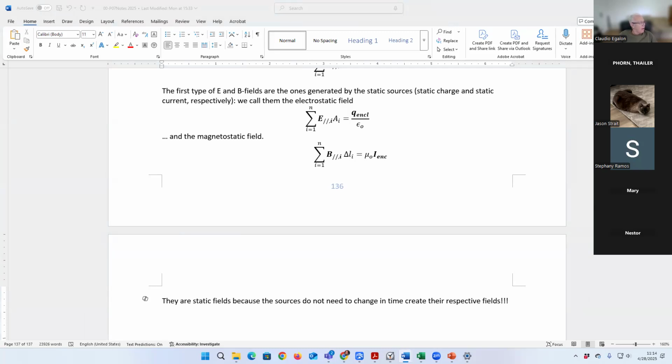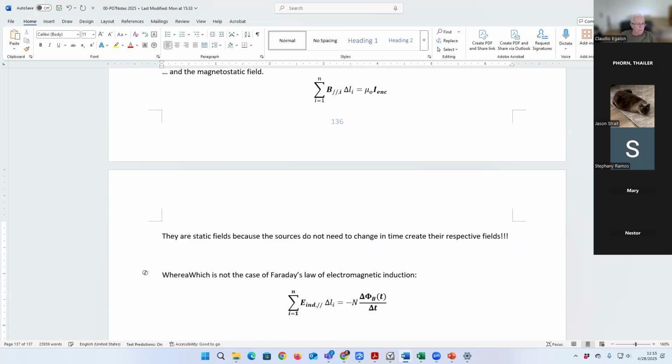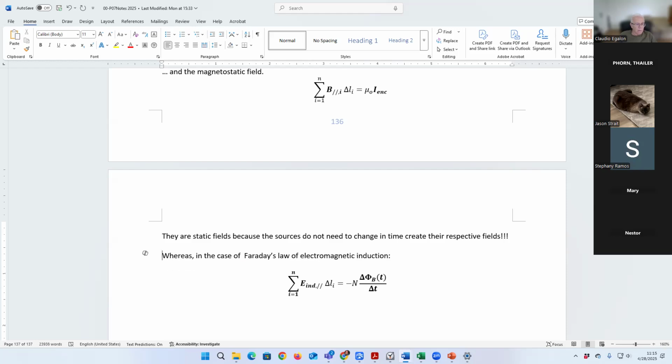In the case of Faraday's law, something else has to change, right? And that something that changes is the magnetic flux.